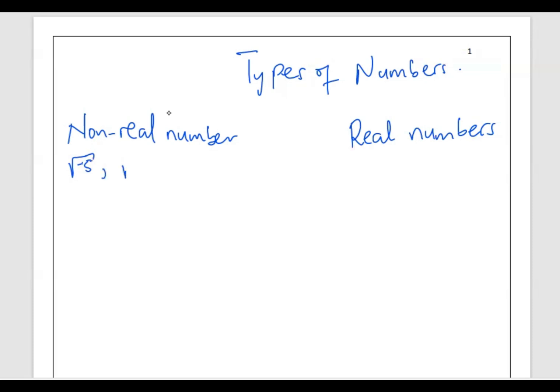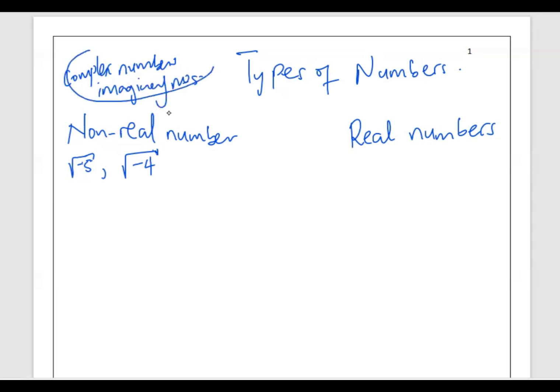When you talk about the square root of -4, we can get the square root of 4, but we cannot get the square root of -4. At higher levels of education, these numbers do exist. They have solutions, and their solutions are called complex numbers, or we sometimes call them imaginary numbers. So that is under the non-real numbers.